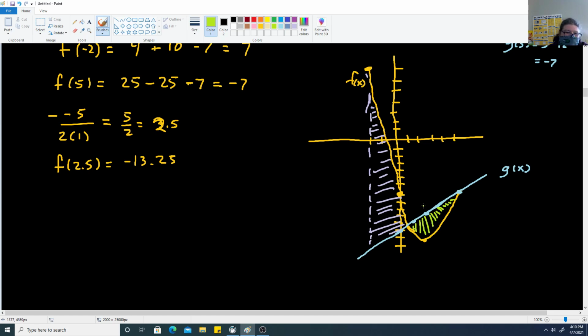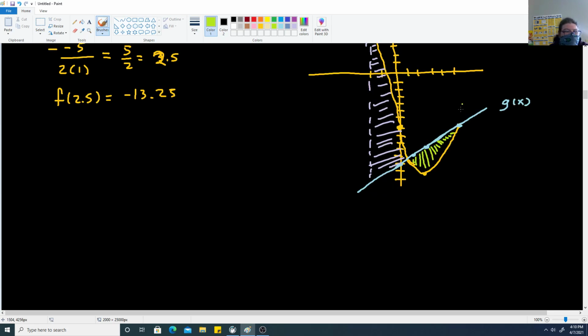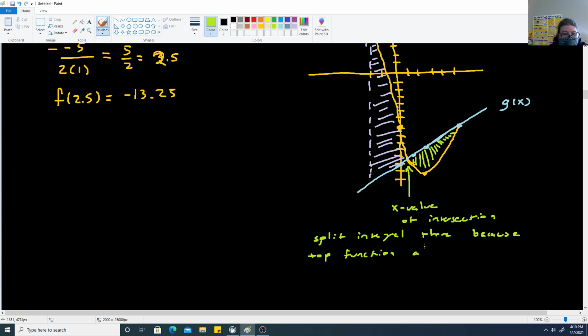So we need to figure out the x value of the intersection. The reason I have to do that, I need to split my integral there, is because the top function and bottom function switch places.